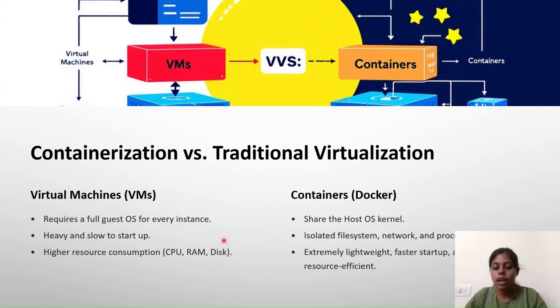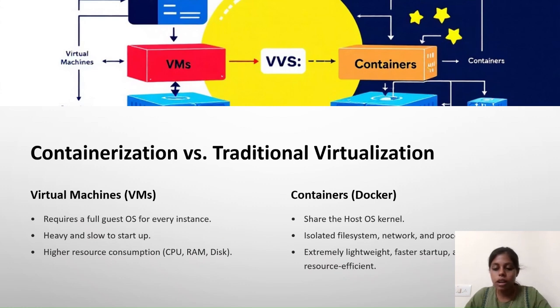Containers, on the other hand, do not need a separate operating system. They share the host OS kernel, but they keep their processes isolated. This makes containers extremely lightweight, faster to start, and far more efficient in resource usage. If virtual machines are like separate houses, each with their own foundation, containers are like rooms in the same building, isolated, but sharing the same structure. So that is the power of Docker.